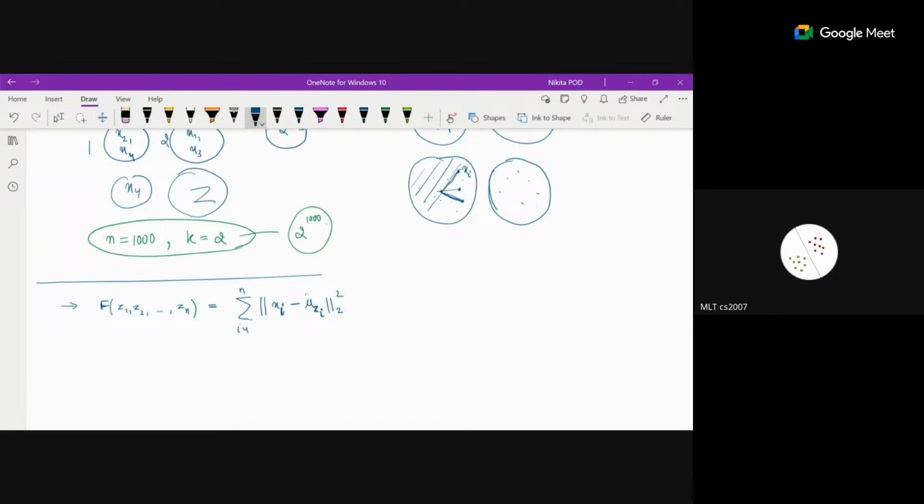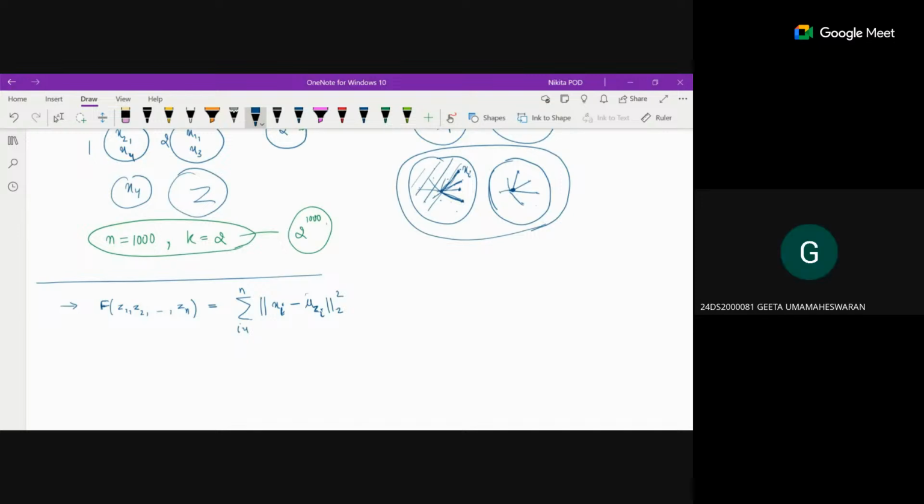Similarly, for every data point, I will calculate this distance. And I would want the sum of all these distances to be as less as possible. That is our goal. Even if I look at the second cluster, and let's say this is my mean, I would want the distance of each point from its cluster mean to be as less as possible. So overall, the distance of each data point from the mean of that cluster should be as less as possible. That is the idea.